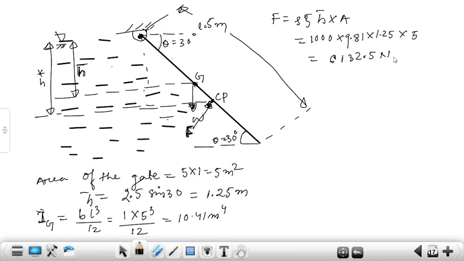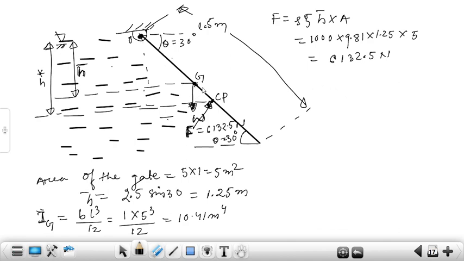So the force value is 6132.5 Newton, and we have to calculate the W value, the mass value, and this is in Newton, so divided by gravity we can find the mass. So this is the O.